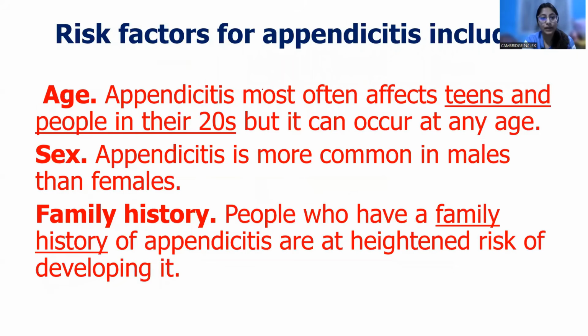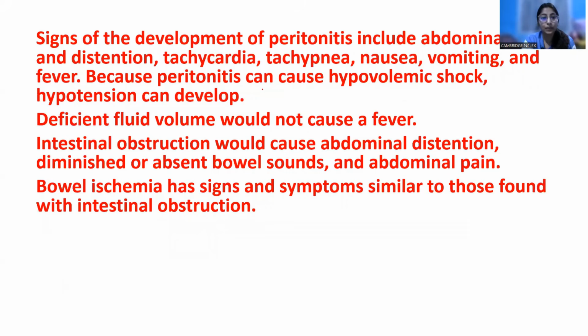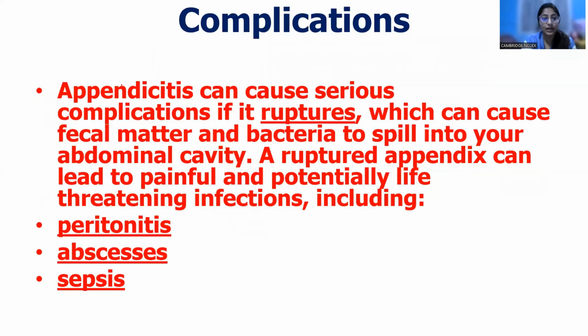The signs of peritonitis include abdominal pain, abdominal distension, tachycardia, tachypnea, nausea, vomiting, and fever. In peritonitis, the patient may have a fluid volume deficit, which can lead to hypovolemic shock and hypotension. So these signs clearly indicate that the patient may have peritonitis. Therefore, we need to assess the patient for peritonitis.